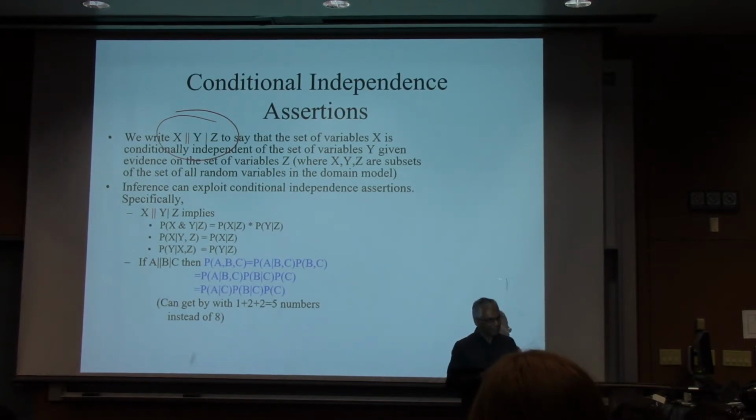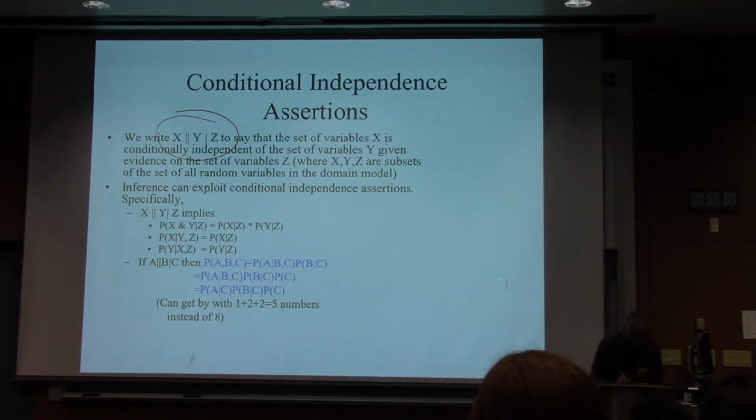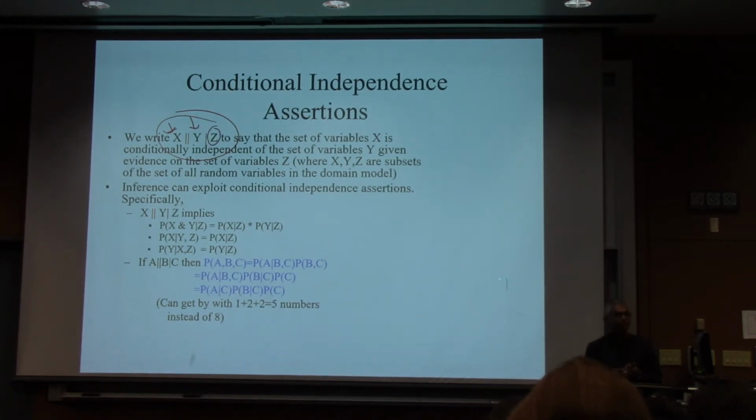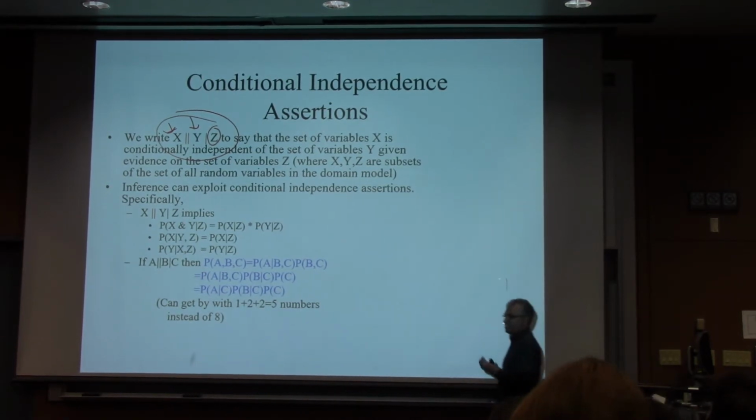It's a very abstract thing. You wish it was something much less abstract, but really that's what it is. The Bayes network really only captures conditional independence relations. It captures that the set of variables x is independent of the set of variables y given the set of evidence variables z. That is a conditional independence assertion.